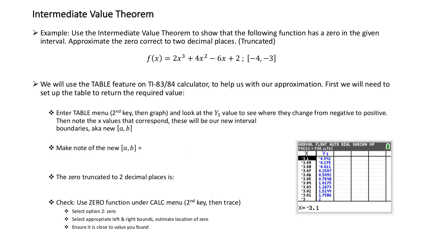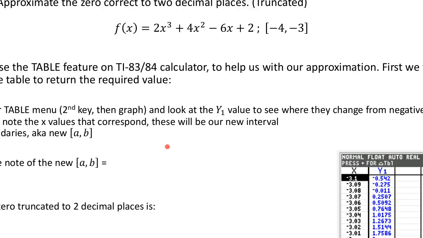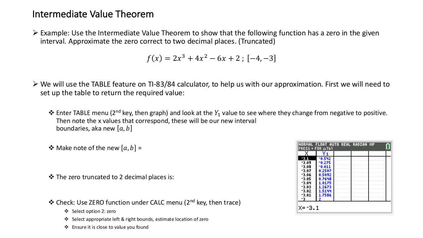Now, one more time, let's come over here. I do have our table here for us. Looking at that table, just like we did on the calculator, what we are looking for is where my values change.